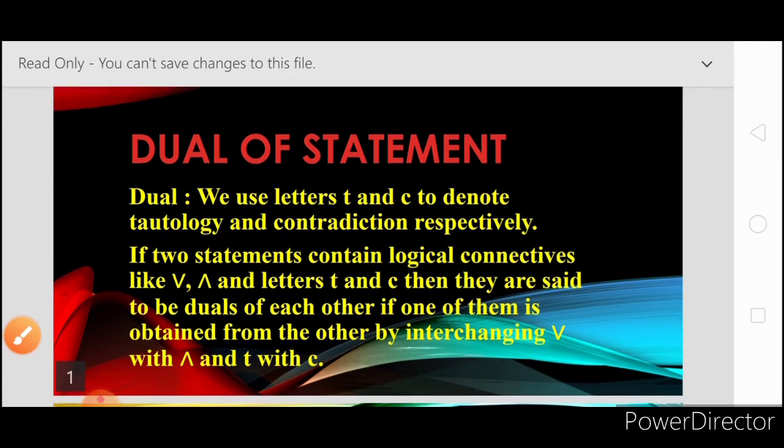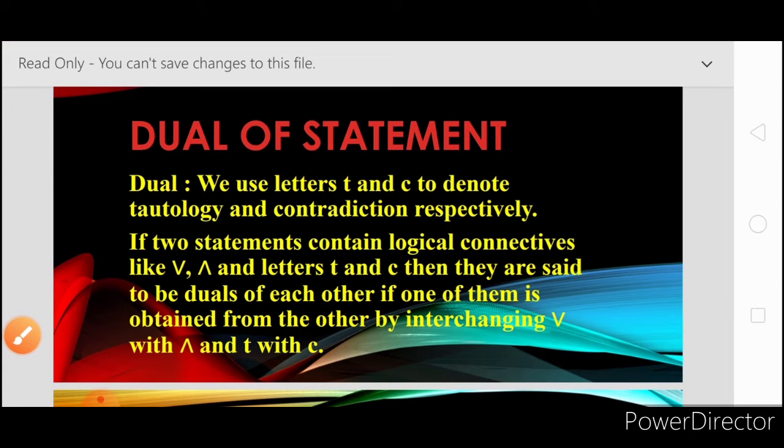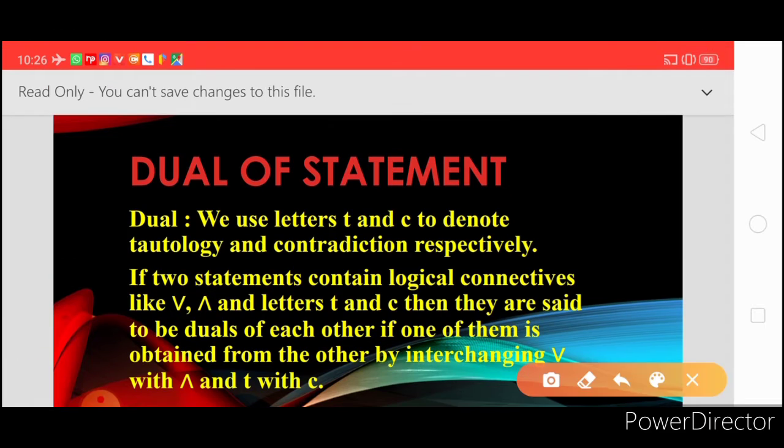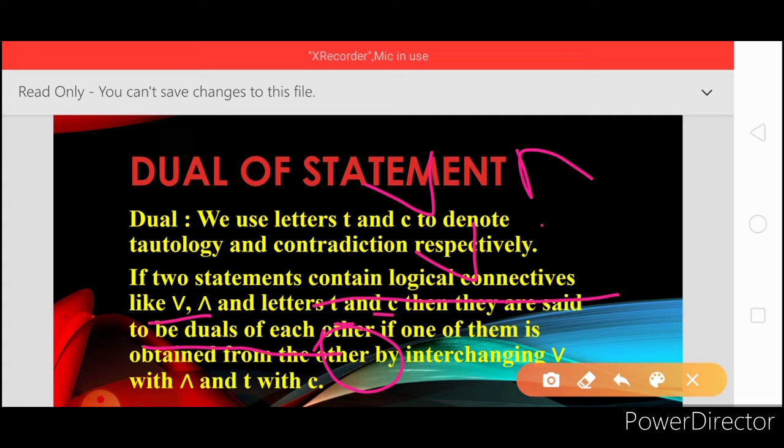The proper definition for the dual of a statement: if two statements contain logical connectives conjunction and disjunction and letters small c and small t, then they are said to be duals of each other if one of them is obtained from the other by interchanging disjunction by conjunction, conjunction by disjunction, and small t by c and c by t.